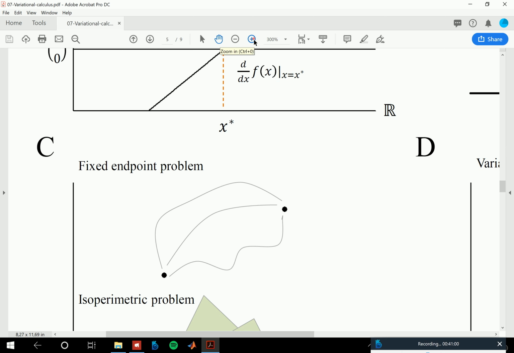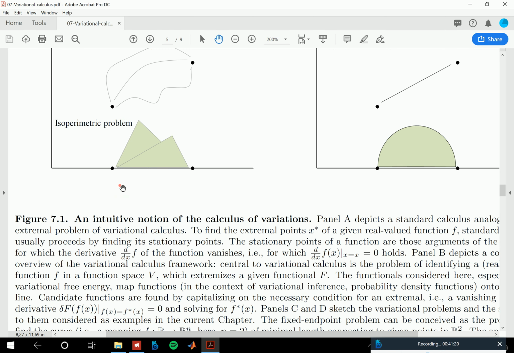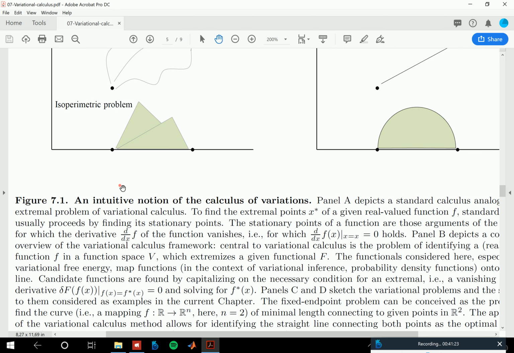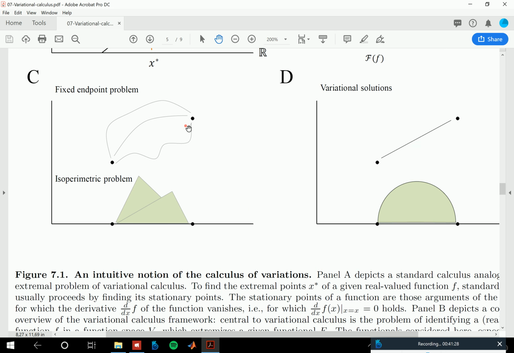If you study variational calculus, the first thing that you will come across is what is known as the fixed endpoint problem. There the idea is you should find a function that minimizes a certain aspect, namely the length of the function between 2 points.